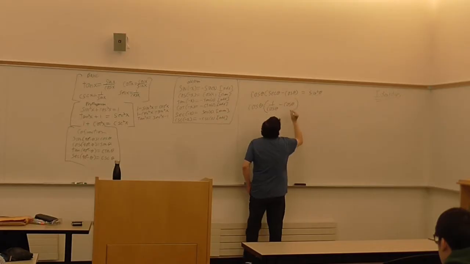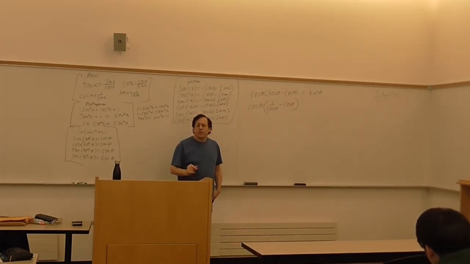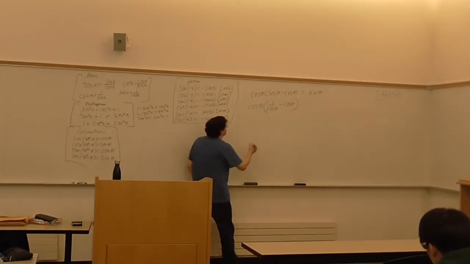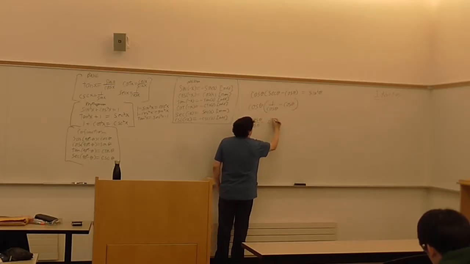Looks like a real good start, doesn't it? What might I do next to the left side? Distribute, yeah, okay. Cosine theta over cosine theta minus cosine squared theta.